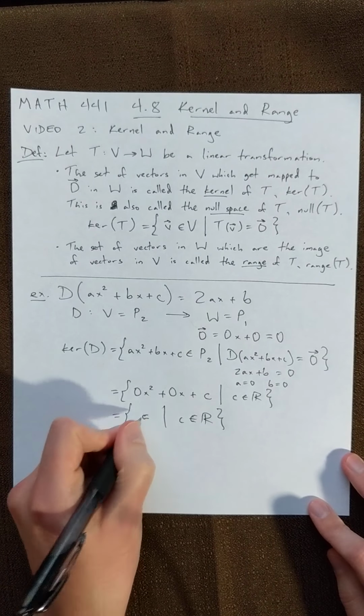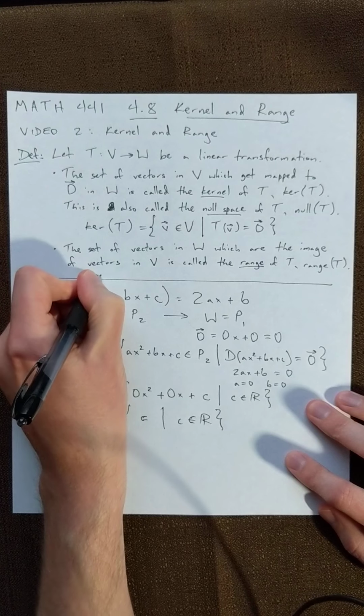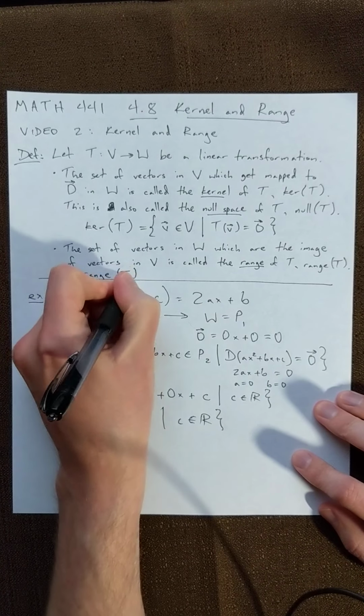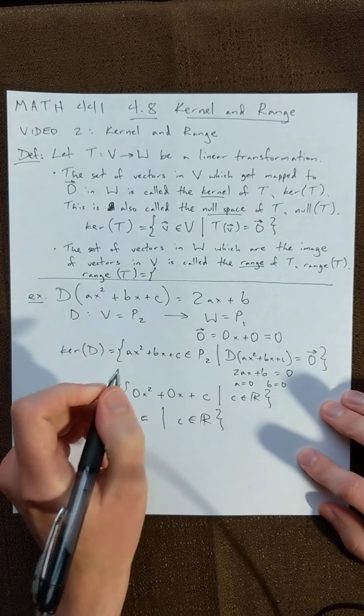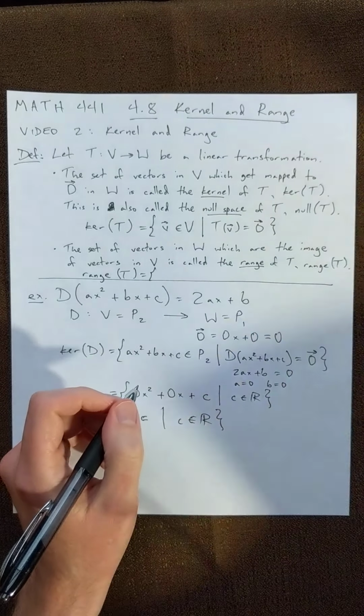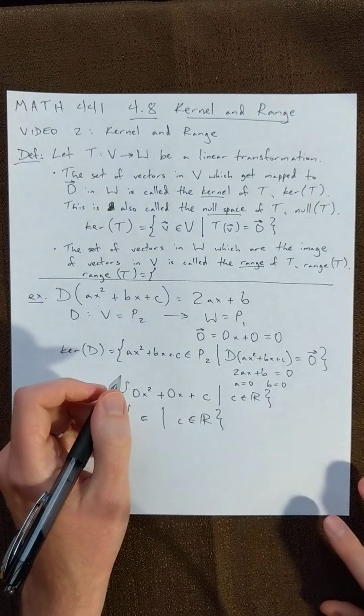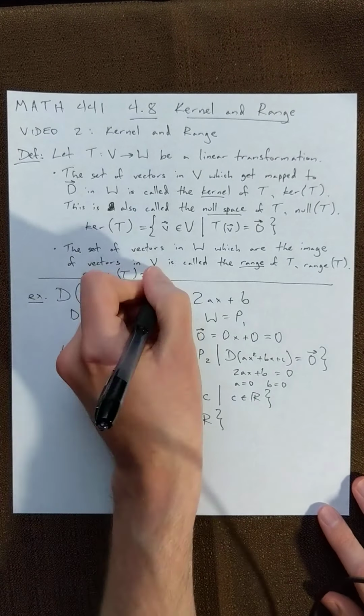Okay, if I want to find the range, I should have also written down the symbols for the range. Let's go back and do that now. The range of a transformation T can be written as all vectors w in W such that w is T of v for some v.